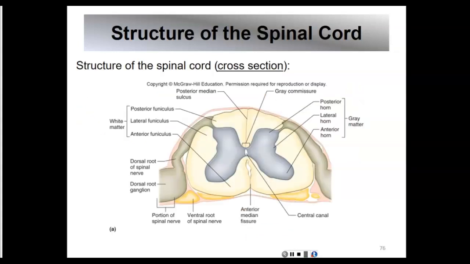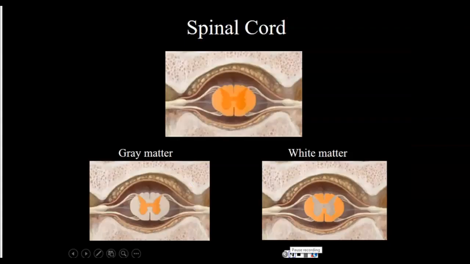We get to look at the parts of the cross section of the spinal cord. Here are images of what a spinal cord looks like. Kind of looks like a butterfly in there, of the gray matter and white matter difference.